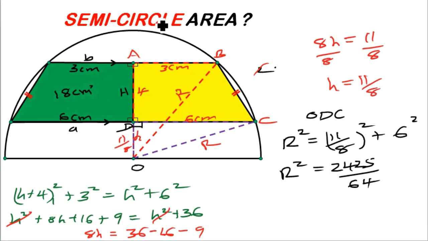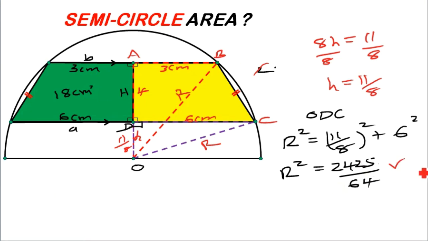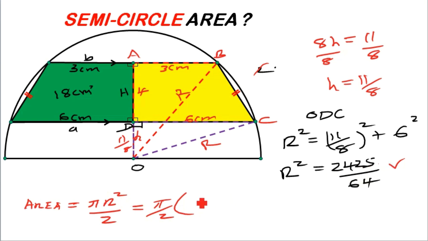So what do they want? They want the area of the semicircle. So having found r squared, we are now looking for the area of the semicircle. Remember, how do we get the area of a semicircle? The area of a circle is pi r squared. So if it is a semicircle, we divide by 2. So it is pi over 2 times r squared, and r squared we found is 2425 over 64.